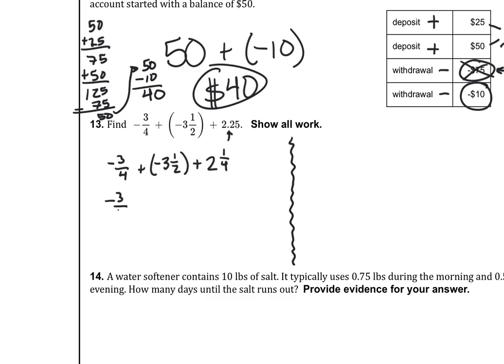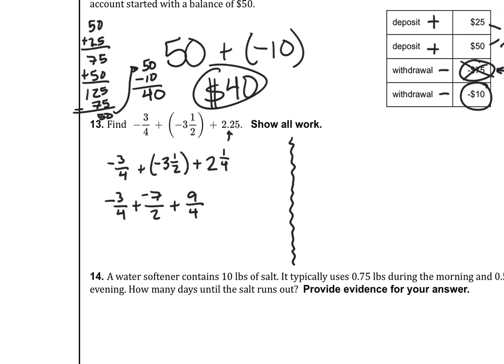Negative 3/4 is fine to stay. Negative 3.5, well, 2 times 3 is 6, plus 1 is 7. Okay, don't drop your negative out, make sure that stays. 4 times 2 is 8, plus 1 is 9 over 4. Next step, right?